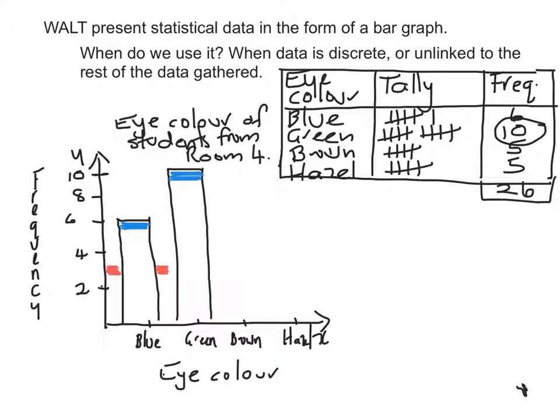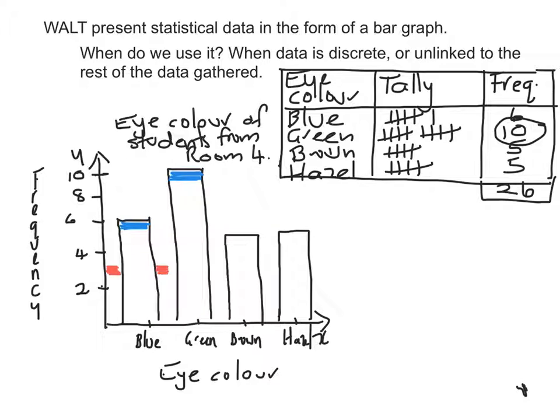Moving on to the data for brown, we put in the same space, we rule up to the position where the 5 exists, and then the same with the space.